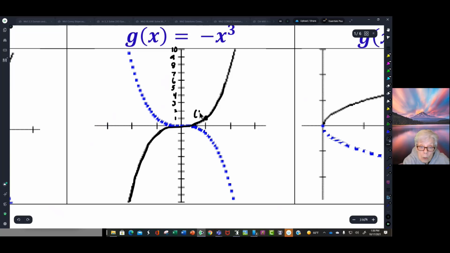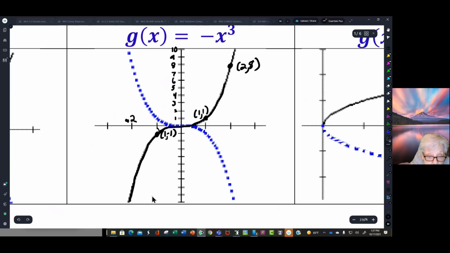Here's 1, 1. And here 2 to the third power is 8. So I have 2, 8. I have a bunch of points to play with. All right, here's 1, negative 1. And here's 2, negative 2.